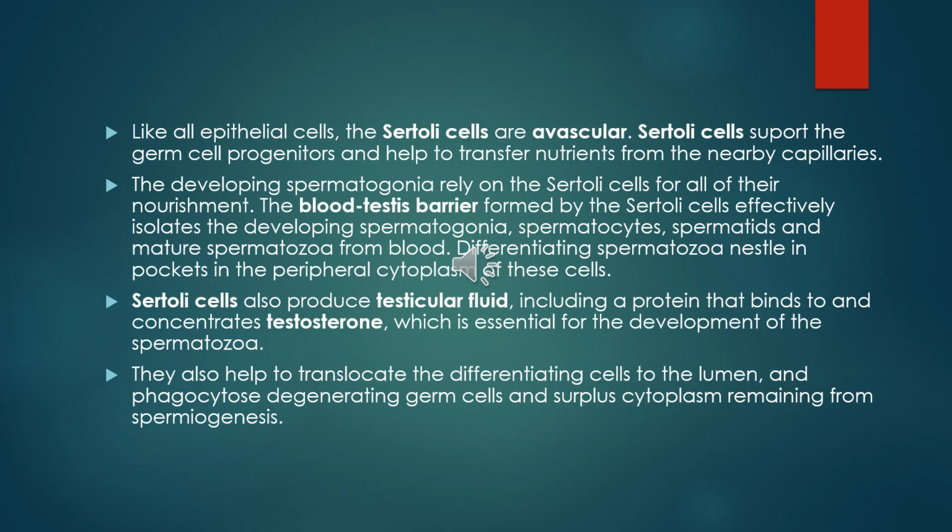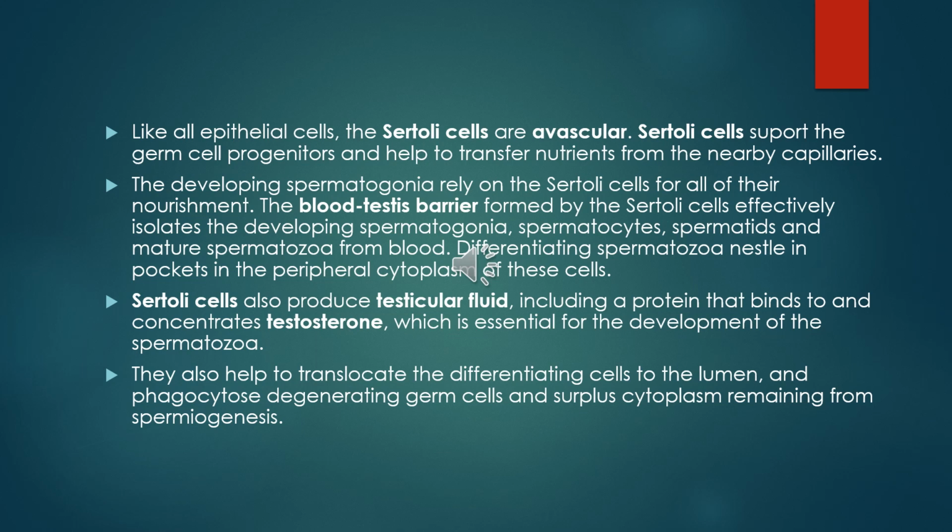Like all epithelial cells, the Sertoli cells are avascular. So its main function is it supports the germ cell progenitors and helps to transfer the nutrients to the cells from nearby capillaries. And the other function is it forms the blood-testis barrier.